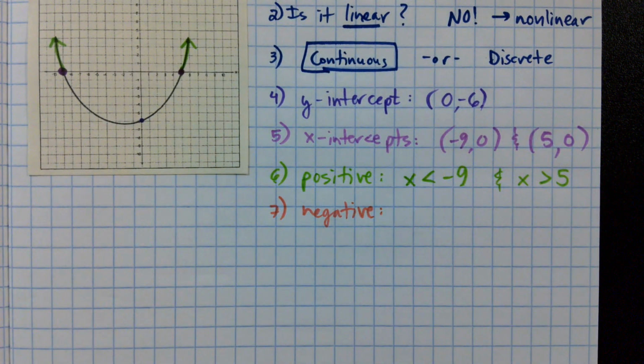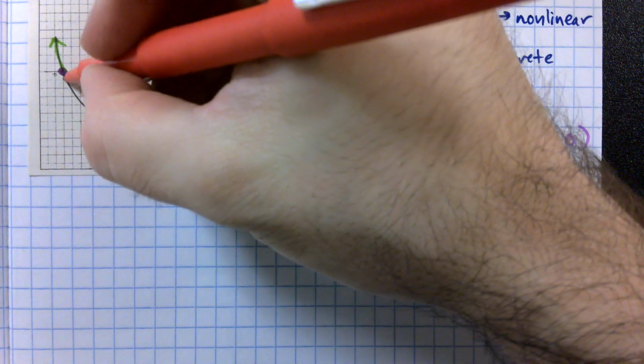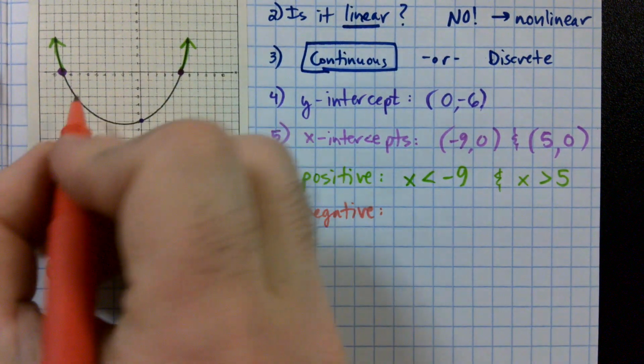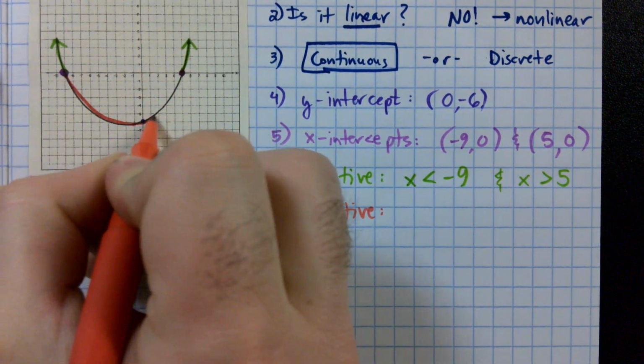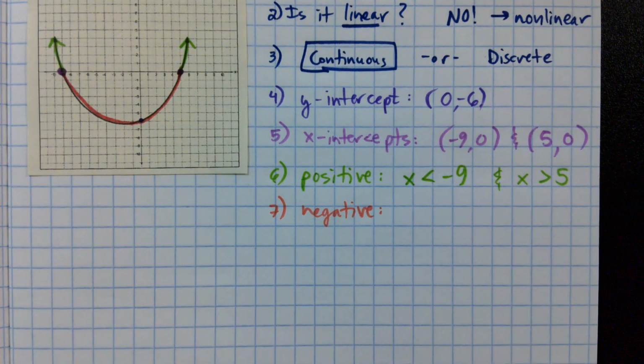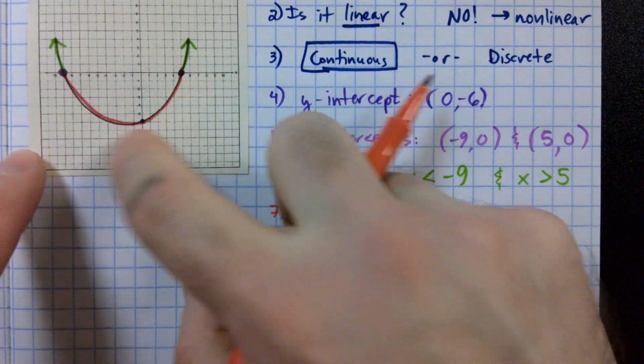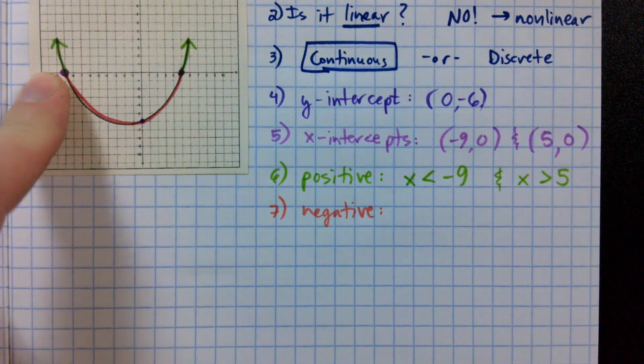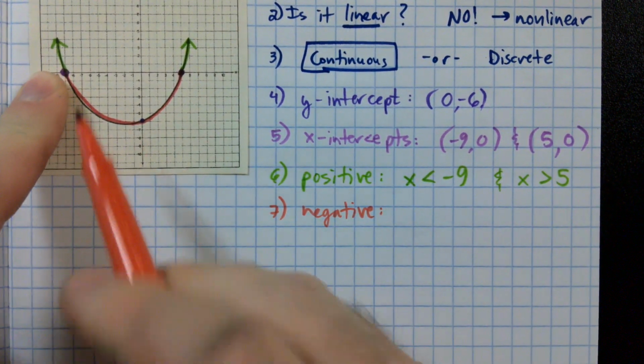What part of my little U-shaped graph is below the x-axis? That big bulge. The big U-shaped part right here. All of that. I'm going to do it in red. That's all below the x-axis. So this little dip here, where does it start? It starts at -9.